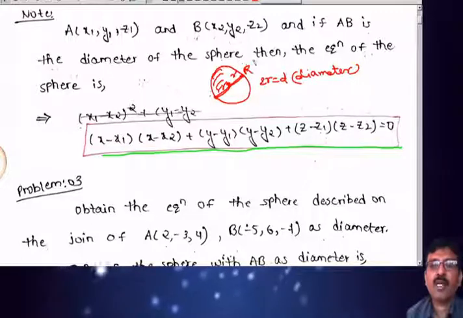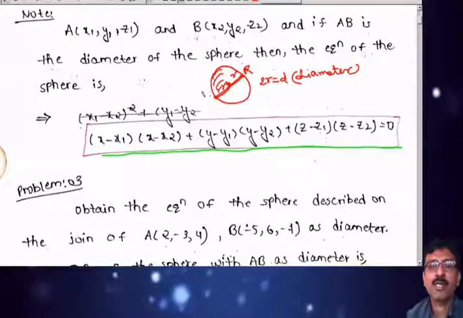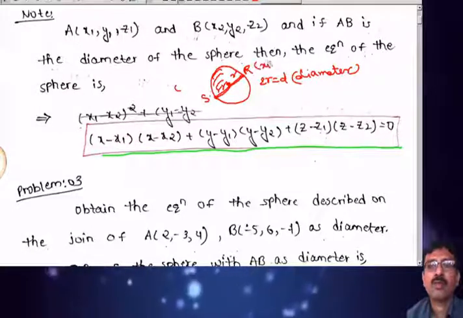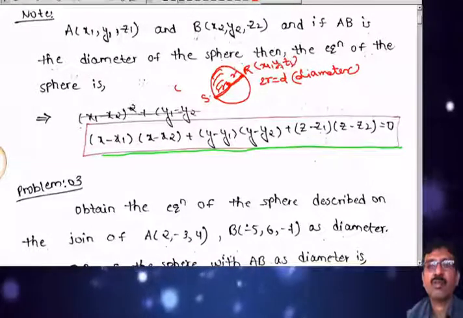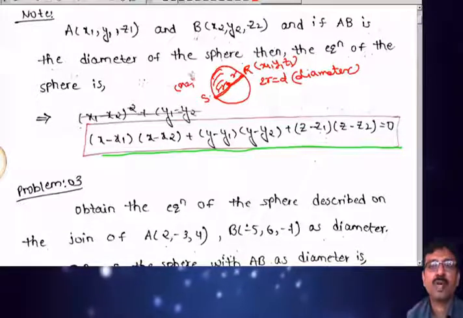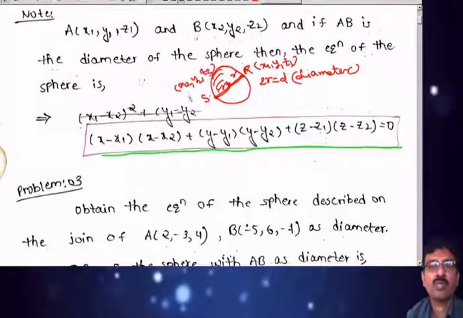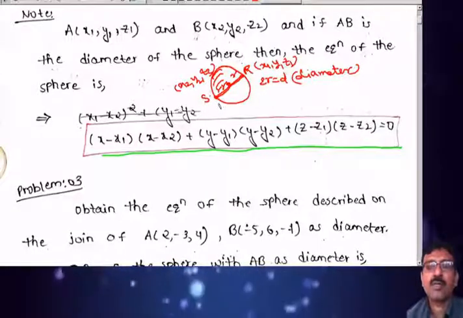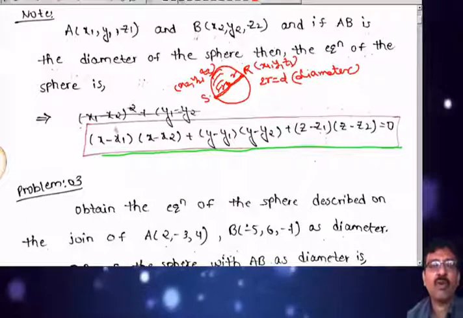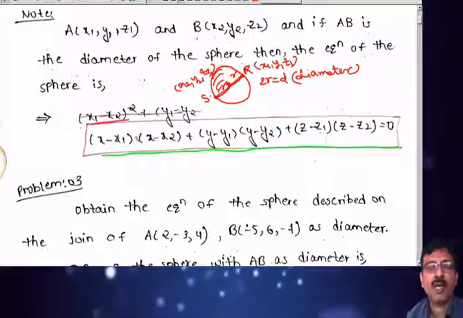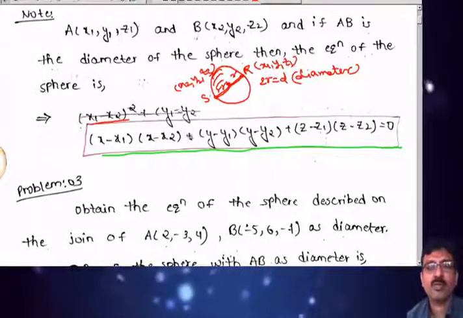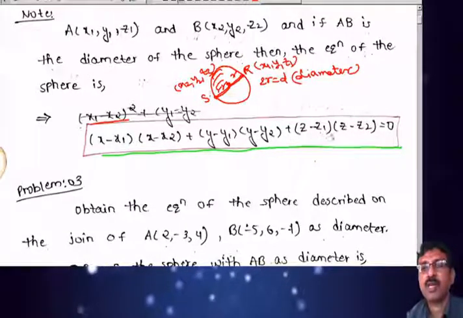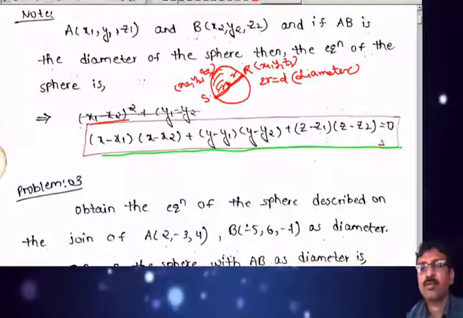If one end is x1, y1, z1 and the other end is x2, y2, z2, then we can write the equation of the sphere in the following way: x minus x1 into x minus x2 plus y minus y1 into y minus y2 plus z minus z1 into z minus z2 equal to 0.